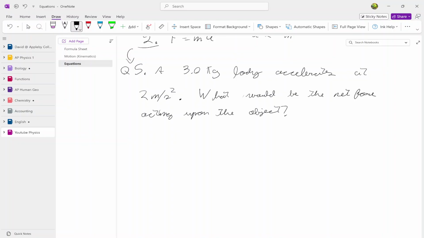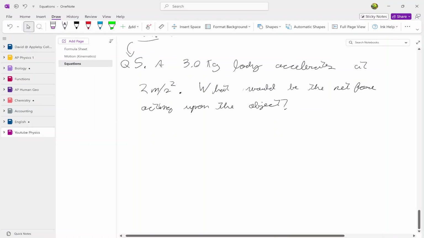Usually in physics, or at least in AP Physics 1, we will always be ignoring air friction, and general friction too, unless otherwise specified. If it's not specified, then it's not there.